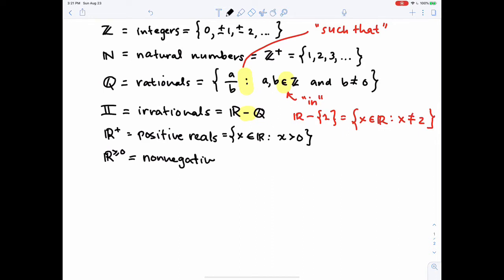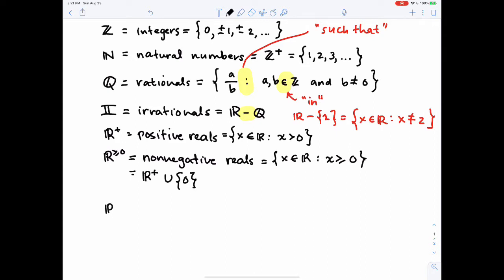The only difference here is that we are including 0. So this is all x in R such that x is greater than or equal to 0. So one way you could think of this is it's R plus union the number 0. So we're going to be discussing union and intersection in this video here in just a moment.